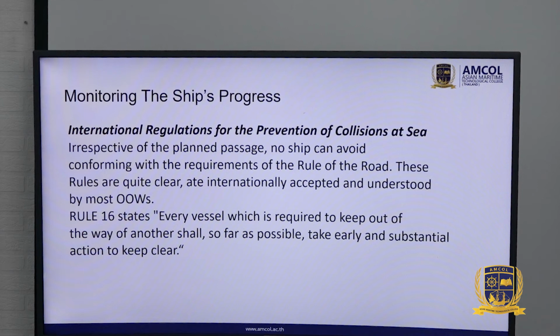He should be absolutely clear what his action is in case of a stand-on or a give-way vessel, what the rules say in case of restricted visibility, what his duty is if the other vessel is not taking action, what his duty is when overtaking another vessel, etc. So the collision regulations form a very, very important component of safe watchkeeping, and the officer of the watch should at all times be very clear on what the collision regulations ask us to do.